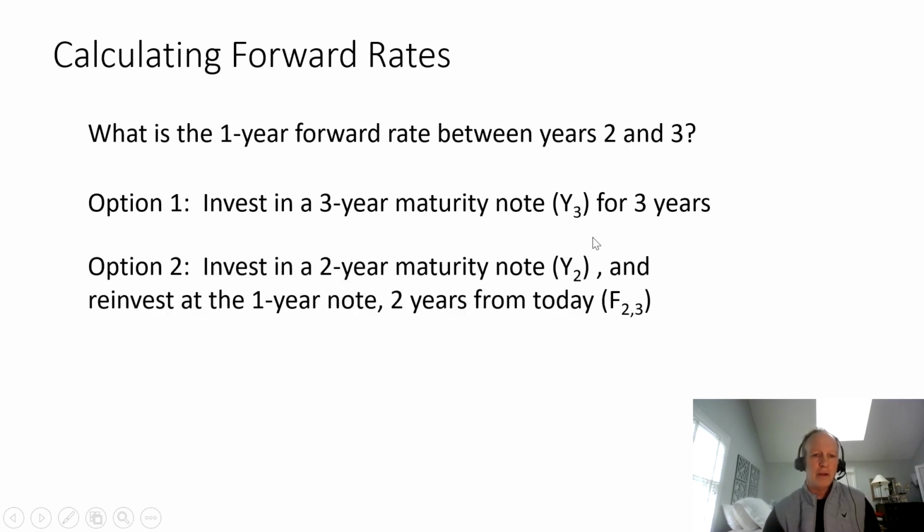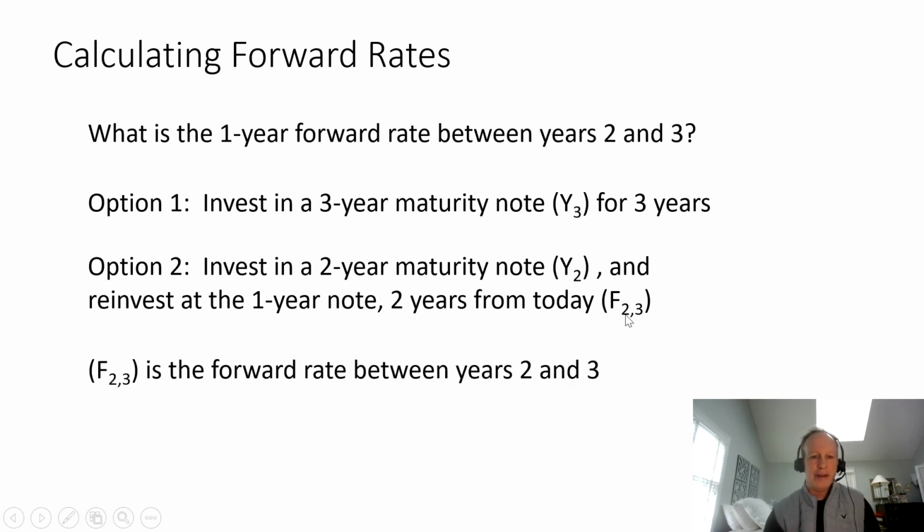Or we could invest in a 2-year maturity note and just hope that the 1-year note that's going to exist at that time is going to be high enough. So I'm going to invest in the 2-year note today and then reinvest the proceeds at the 1-year note that exists at that time. And that's the F23. That's the forward rate that exists between years 2 and 3.